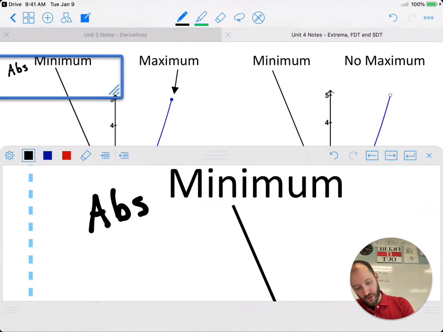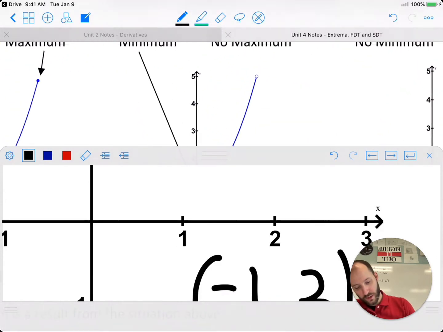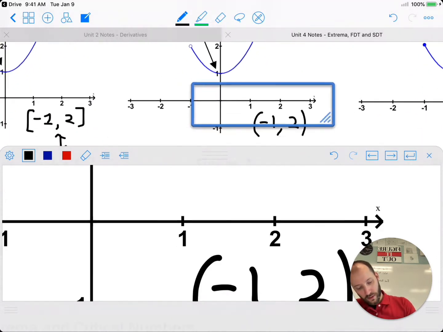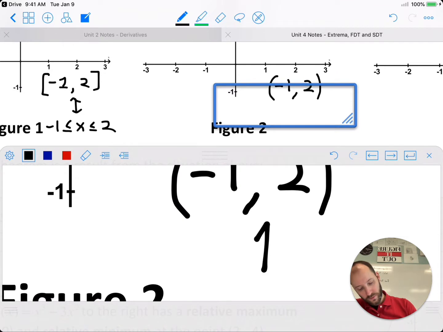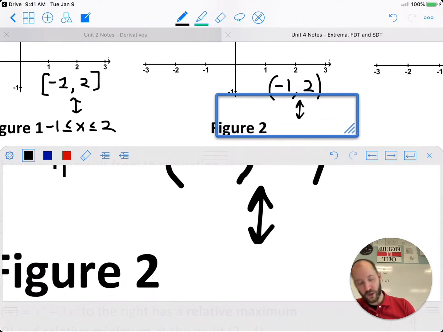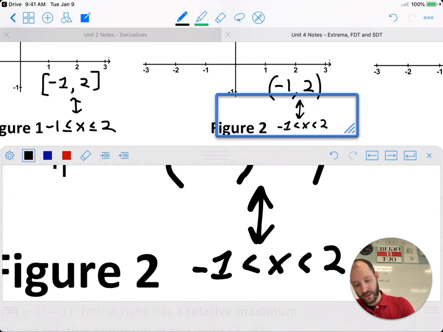And now I want to use this more, so I'll go back to it. Ready to go. So, if you want to see interval or inequalities for this, this is the same as -1 less than x less than 2.